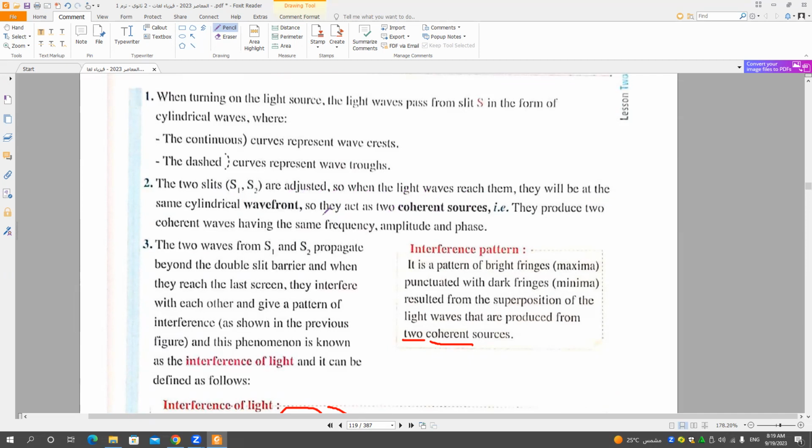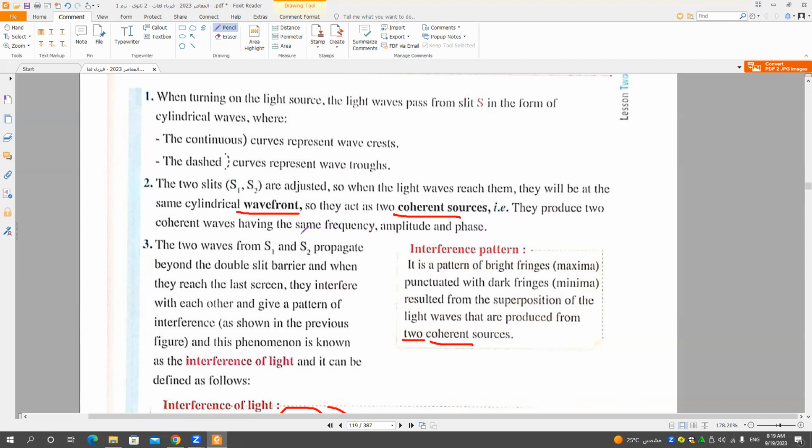We have notes here. The two slits of the double slit barrier are adjusted so that when the light waves reach them, they act as the same cylindrical wavefront, so they can act as two coherent sources. What does coherent mean? They produce two coherent waves having the same frequency, same amplitude, and same phase.